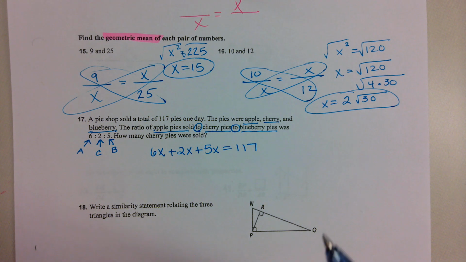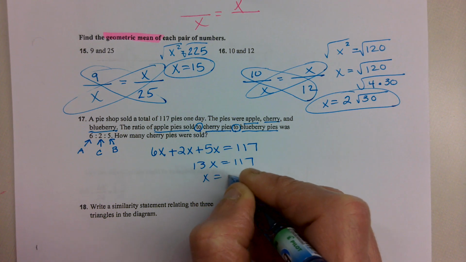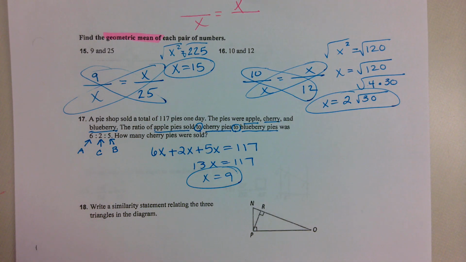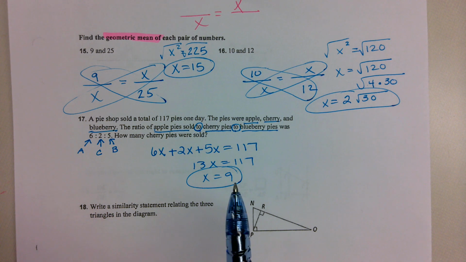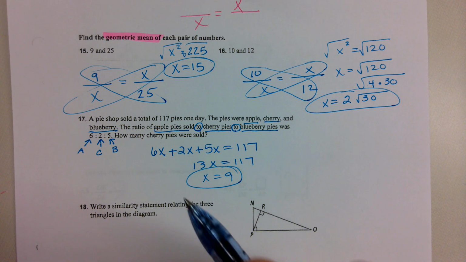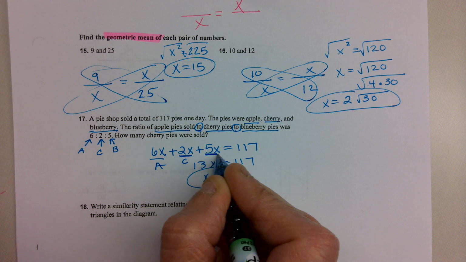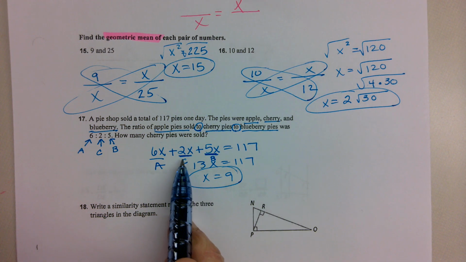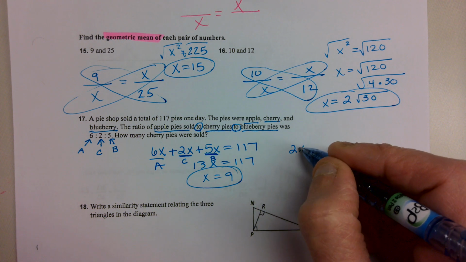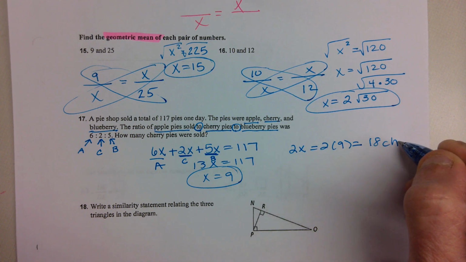When you add these all up, you get 13x equals 117. x is 9. That only helps because I need to go back and find the cherry. You could find all of them, but this was my apple, this was my cherry, and this is my blueberry. For cherry, 2 times x, which is 2 times 9, is 18 cherry pies.